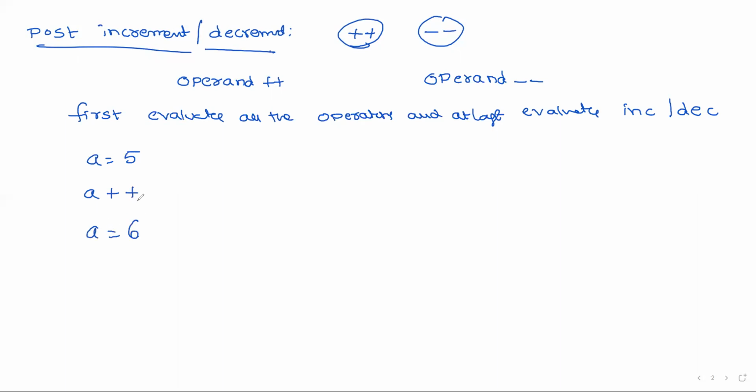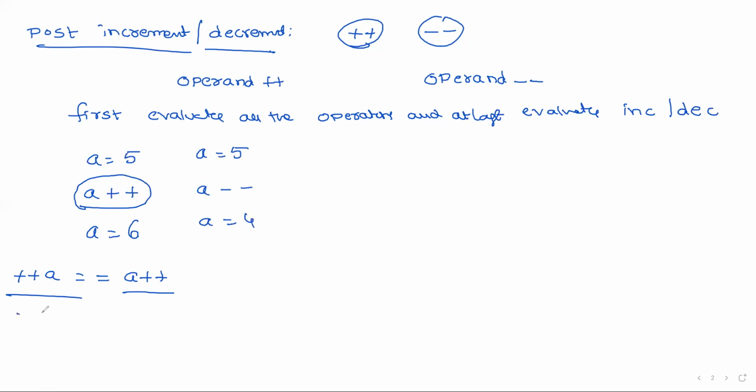That means if you have only a single operator, both pre-increment and post-increment are the same. Or a is equal to 5, a minus minus, the value is equal to 4. That is, minus minus a is the same as a minus minus.